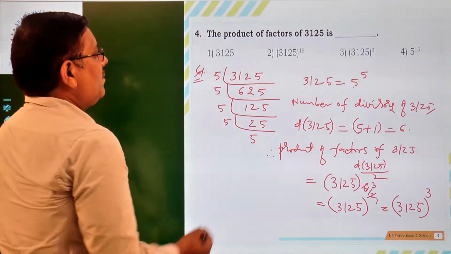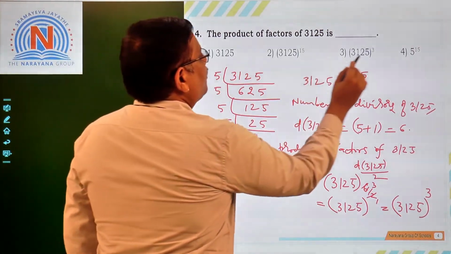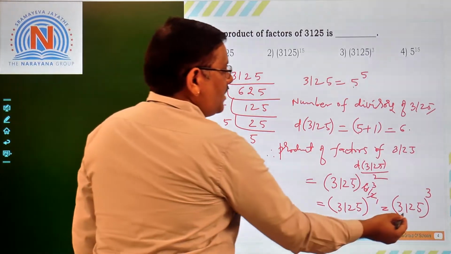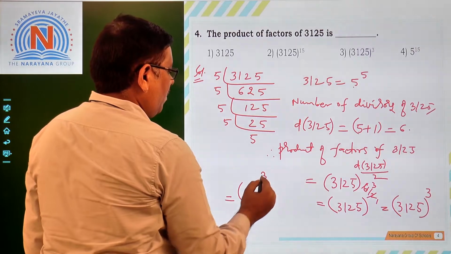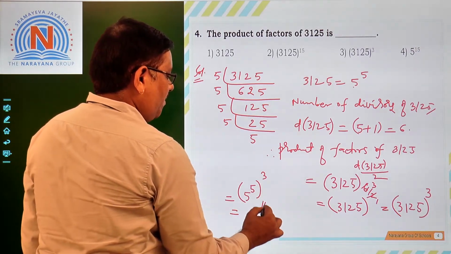But in the options, there is no option with 3125 whole cube. So let us write 3125 as 5 power 5, so 5 power 5 whole cube is nothing but 5 to the power of 15.